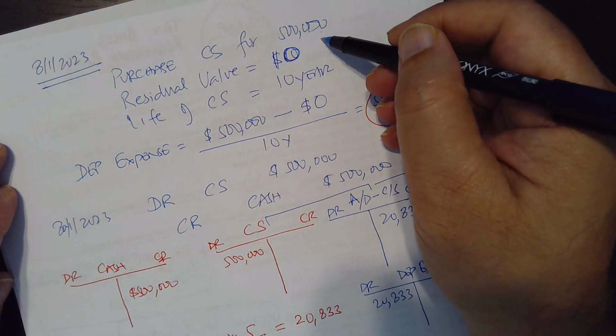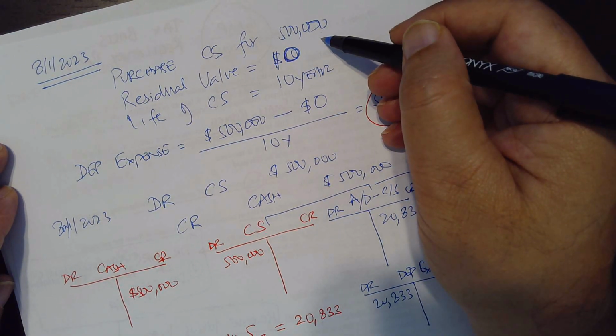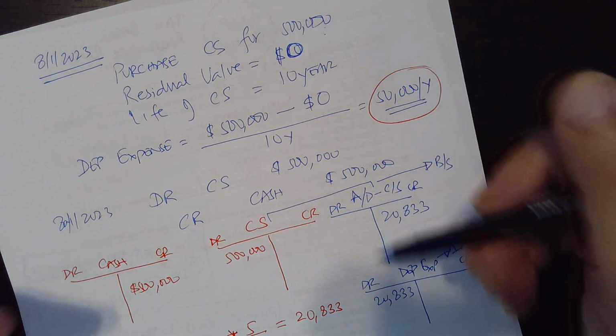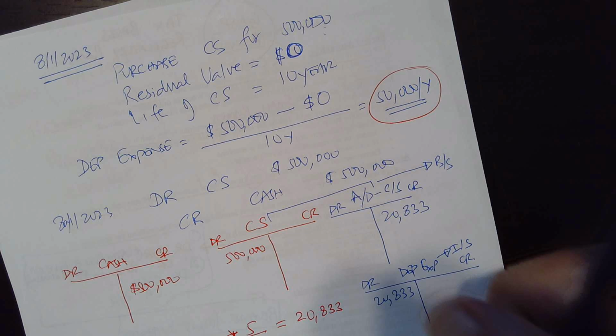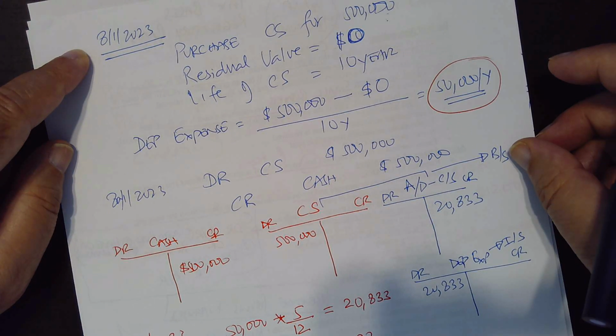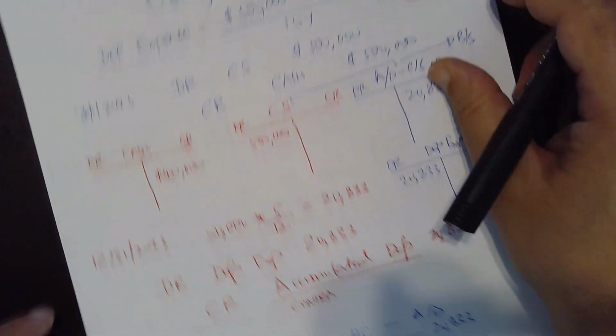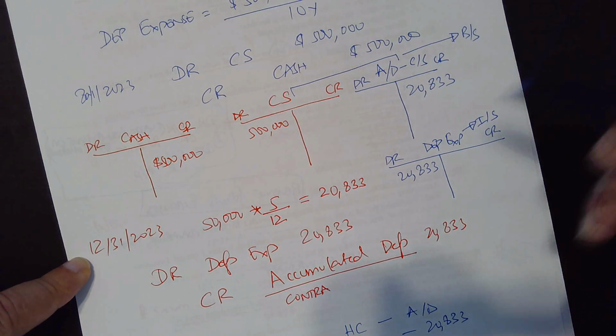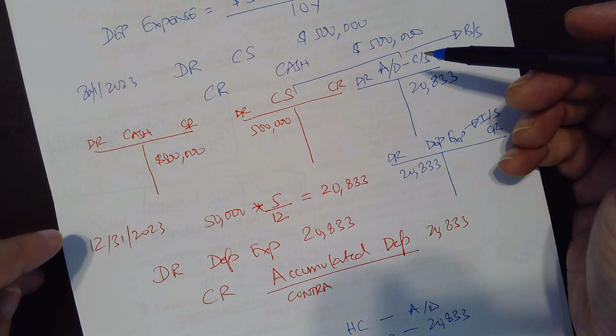So what is the book value at the time of the purchase? It was $500,000 because there was no depreciation. Depreciation is a function of time. Time has to pass before you can claim depreciation. So you can clearly see the date of purchase is August 1st, 2023, and then you have to prepare financial statements on December 31st, and only 5 months have passed between the two dates.